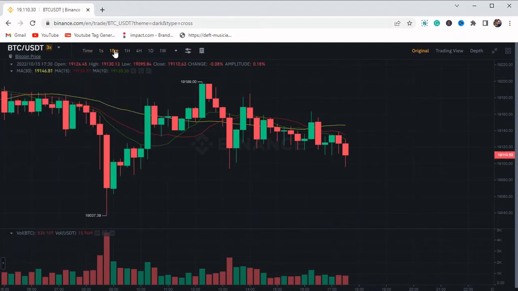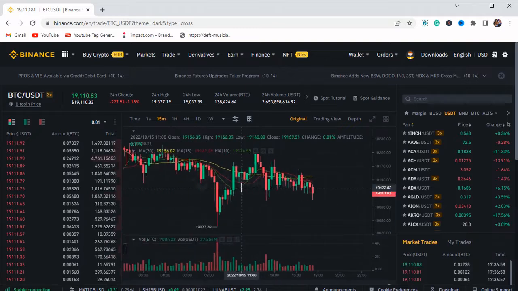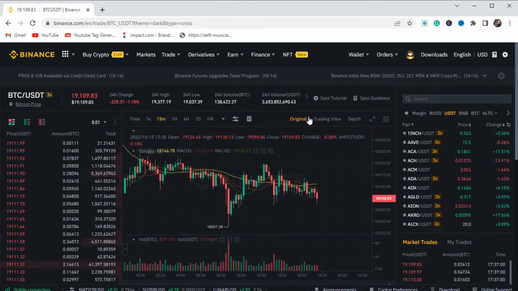Make sure the timer is 15 minutes. Let me go back to my dashboard so that you can see. Each candlestick is 15 minutes, and you click on technical indicator. You can see we have time: 1 second, 15 minutes, 1 hour, 4 hours, 1 day, and 1 week.